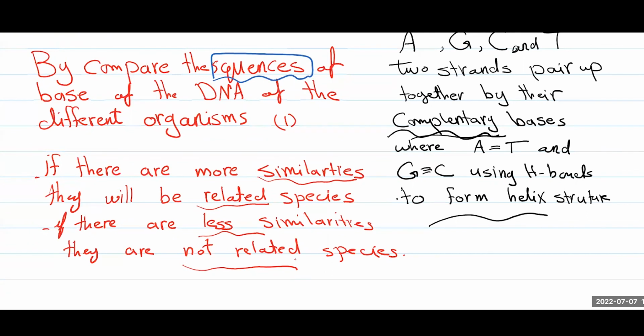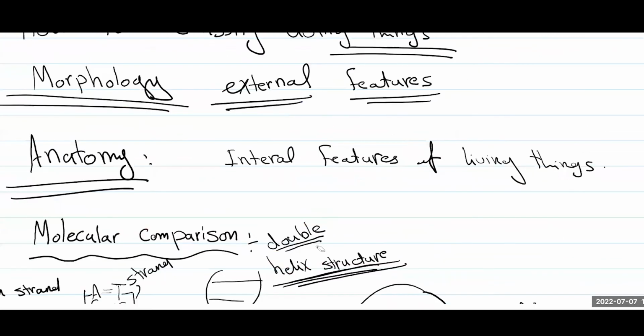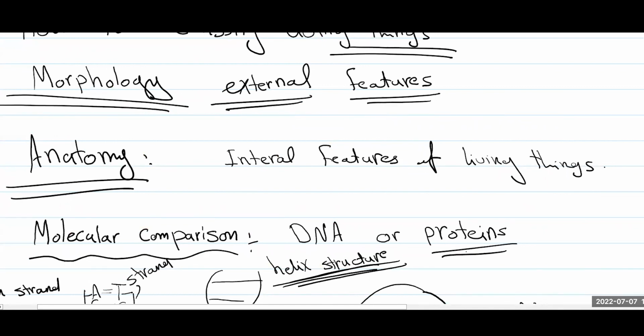You got it? Fine. Also, there are other molecules which we can use to classify living things. Yes. So here I will go back to write molecular comparison, at which we will use DNA or proteins. Why proteins? Because the sequence of bases in the DNA codes for the sequence of amino acids found in the protein.